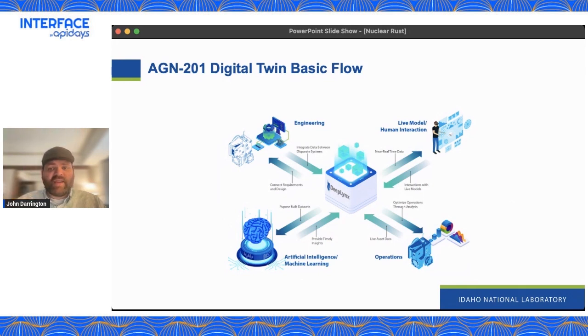Now, up in the upper right-hand corner, this live model and human interaction is kind of the window into the digital twin. We used the same Rust code that we took and created a C# visualization in Unity, which drives our augmented reality and virtual reality.